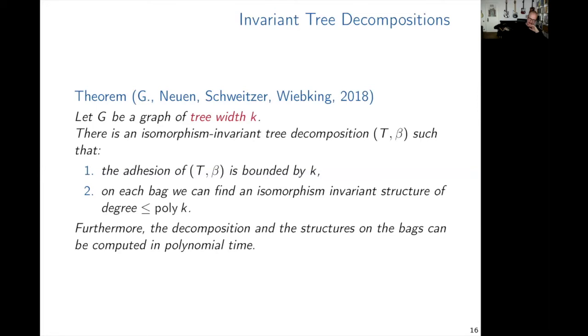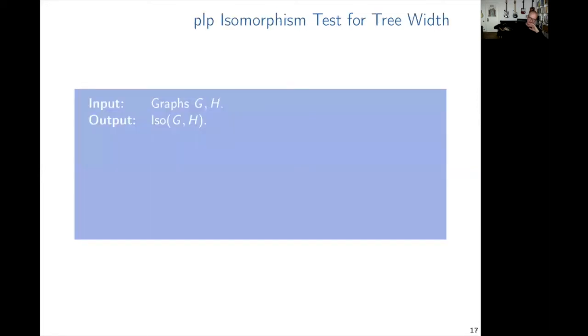And now let's see how we use this to get such an isomorphism test for graphs of bounded tree width. And that's the new result by Daniel Wiebking that appears in this ICALP paper. Okay, and the strategy is, well, first we compute the tree decomposition I described on the previous slide with the structure of bounded degree on the bags.